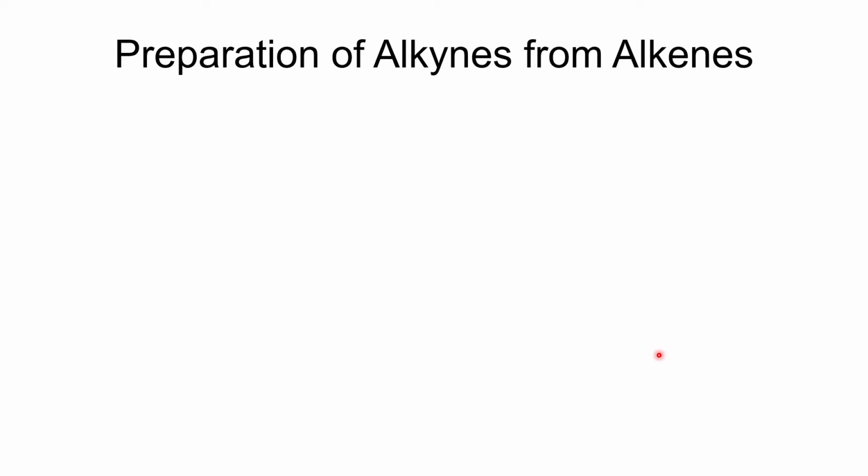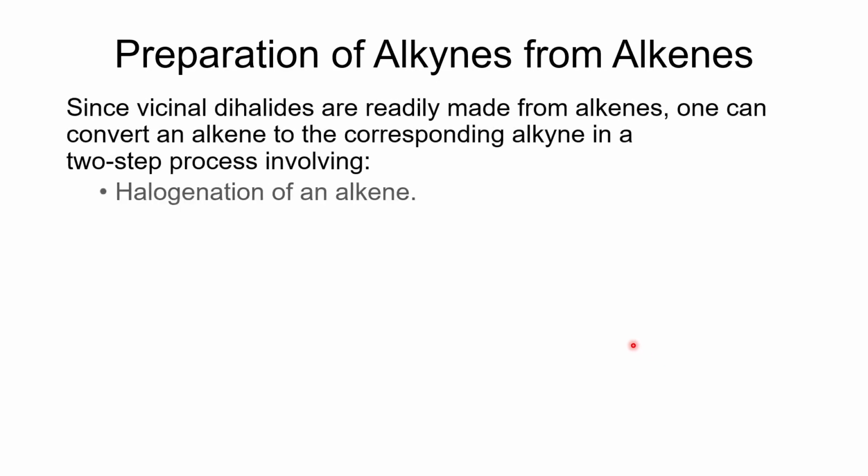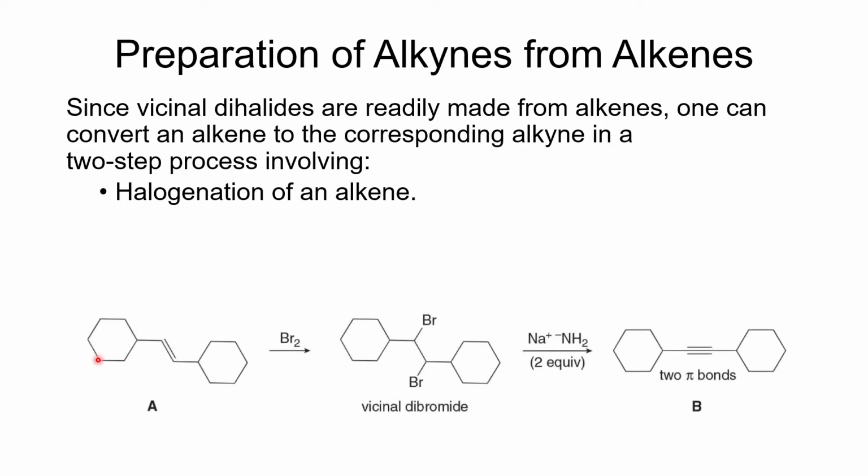So now we want to look at how we prepare alkynes from alkenes. Well, we know that we can prepare vicinal dihalides from alkenes. So if you halogenate an alkene, like this one, you'll produce this vicinal dihalide.